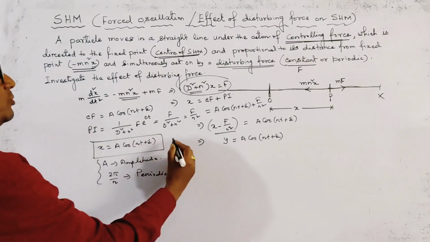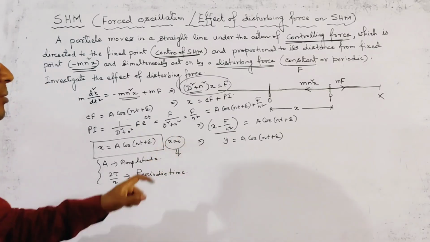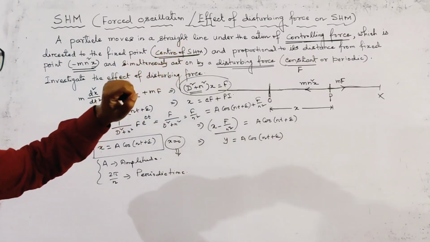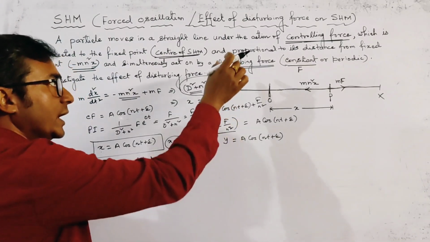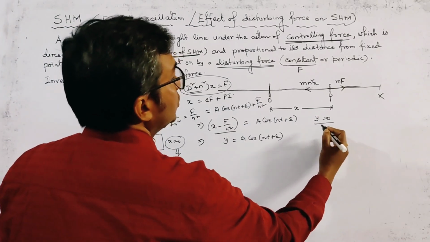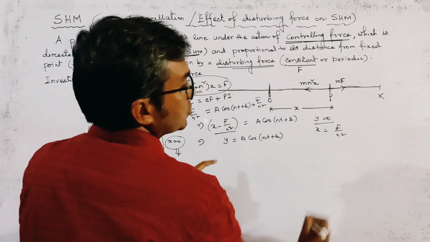And if we put y equal to 0, then we get the position of the fixed point, or the center of the simple harmonic motion. So to find the center of the simple harmonic motion under the disturbing force, we put y equal to 0. So we get x equal to F by n square.